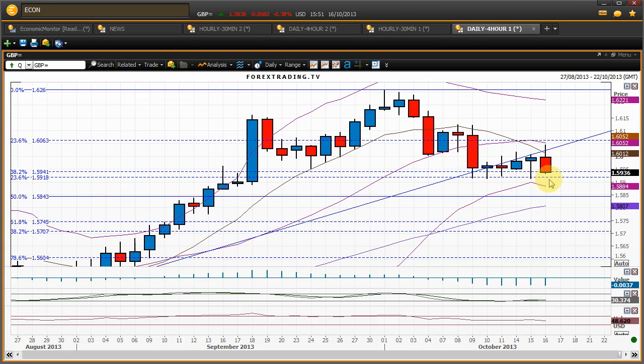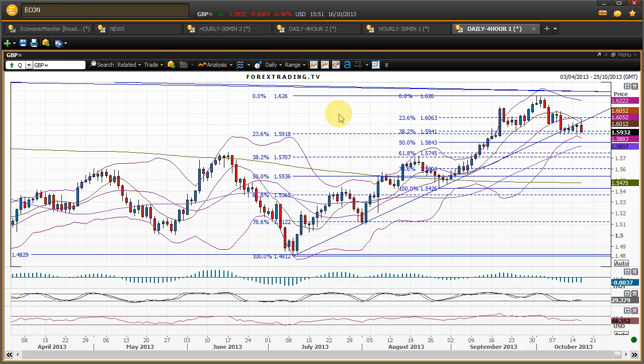Now, before I come on to the hourly charts, looking at these 1, 2, 3 and 4 lows at 1.5915. For those of you that have seen my cable videos, I've reiterated this double Fibonacci retracement, a level that has held and held and held over the last 5 trading days.